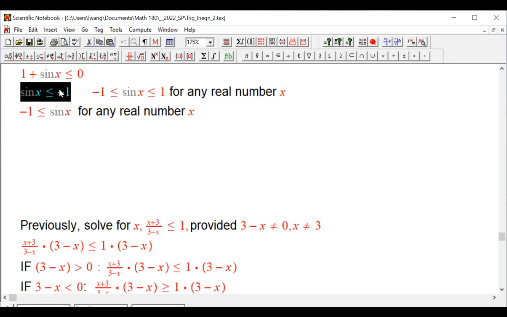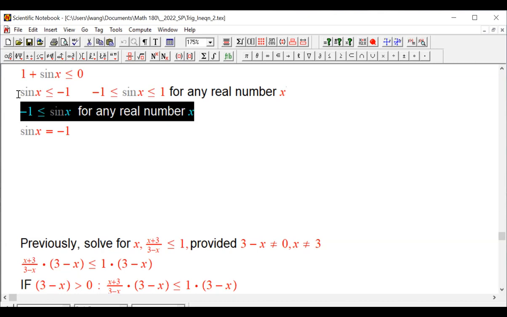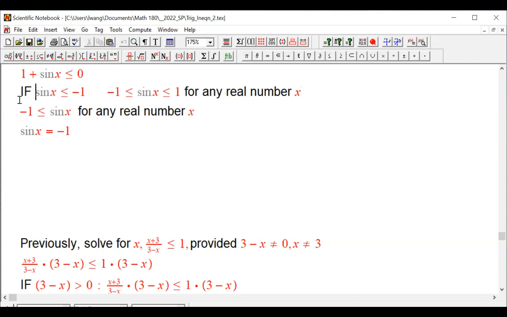For both to be true, there is only one choice, which is sine x equals -1. This is always true, and this is what we wanted. Less than -1 is not possible. So we can only have sine x equals -1.